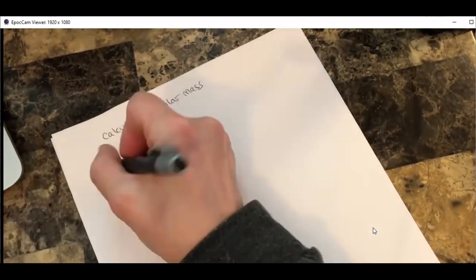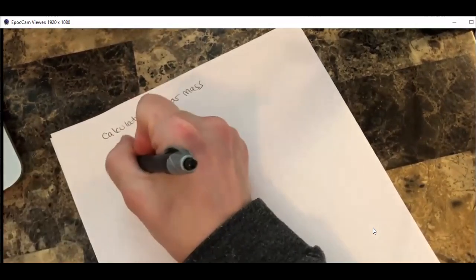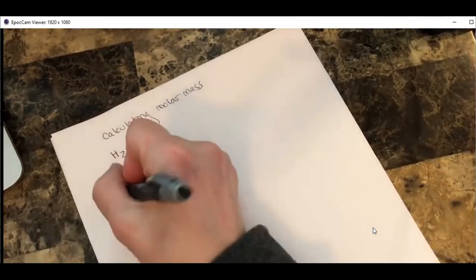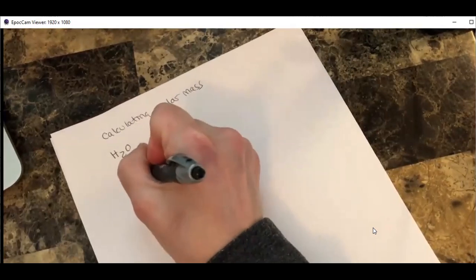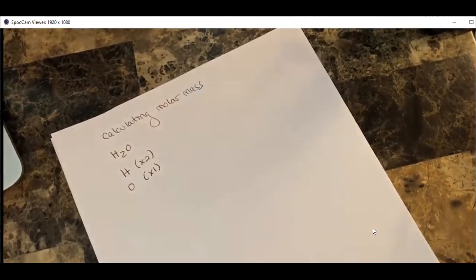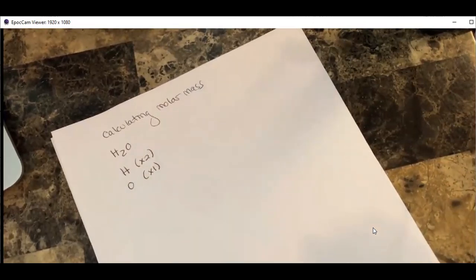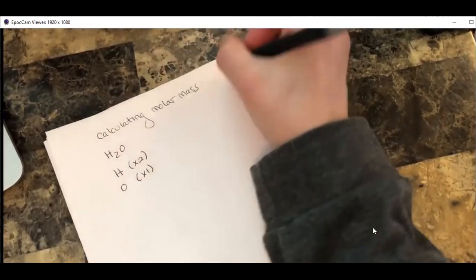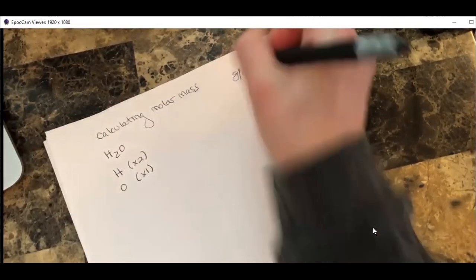So let's break it down a little. We have hydrogen, and there are 2 hydrogens. We have oxygen, and there is 1. We don't really have to multiply it by 1 because it is going to be what it is, but let's just put that out there. So if we were to look at the periodic table for hydrogen, let's look at the grams per mole. We're going to be looking at grams per mole for calculating the molar mass.